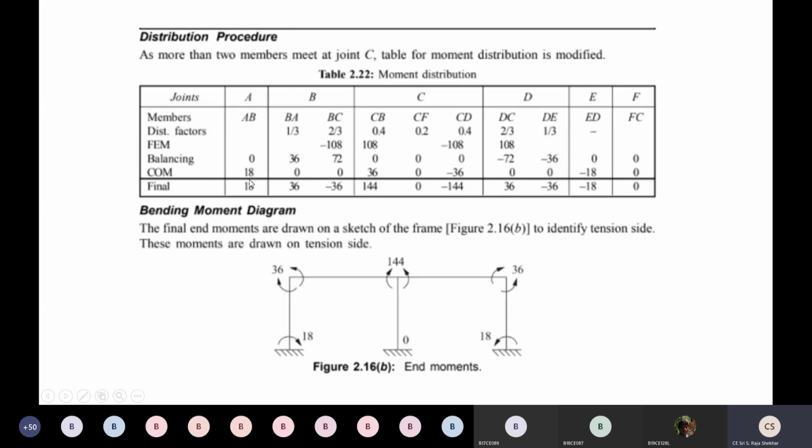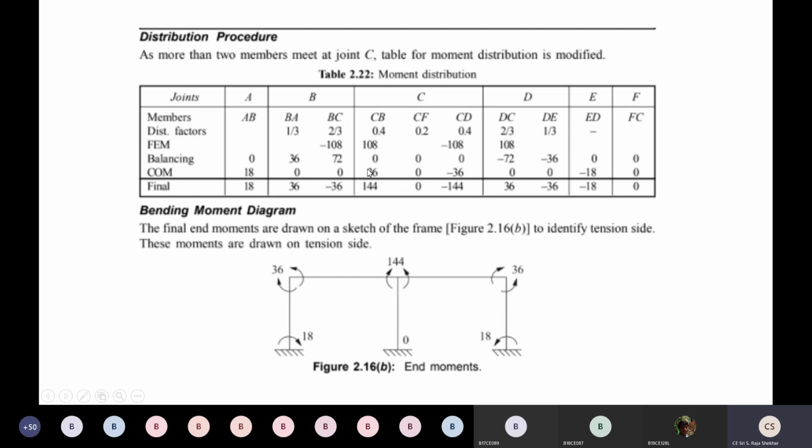So 36 by 2 is 18. I'm transferring 18 to joint A, for member AB. Here the balanced moment is 72. Half of the 72 we need to transfer to joint C. For the joint C, I'm transferring half of the moment, 72 by 2, which is 36.